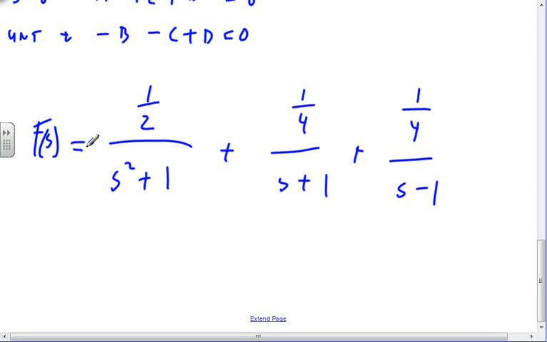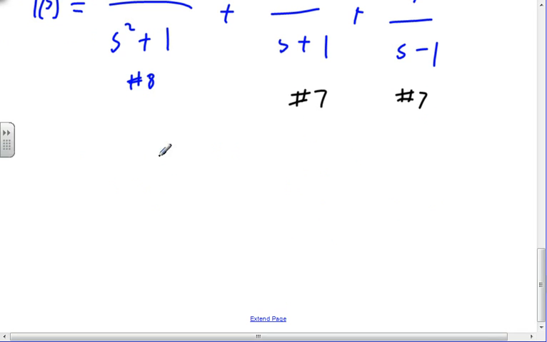Okay, now we go check out the Laplace transform tables. s squared plus 1, that looks like a number 8. And these guys look like number 7s. What could be easier than that? Okay, so now we're going to manipulate some.